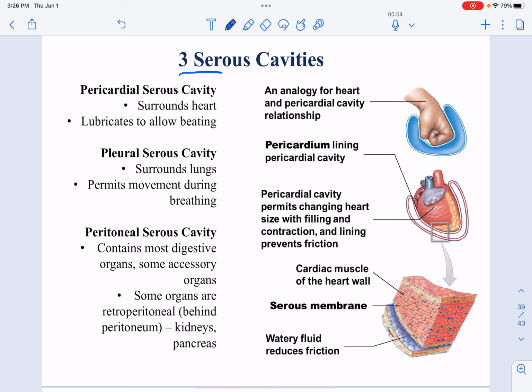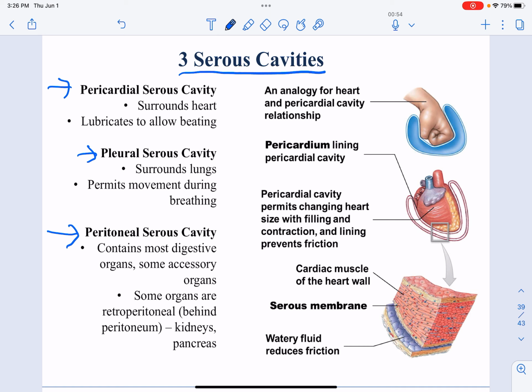They're called serous cavities, okay? And again, there's 3 of them that have these particular membranes associated with them. So the lungs, the heart, and the abdomen are all very specific types of cavities called serous cavities.